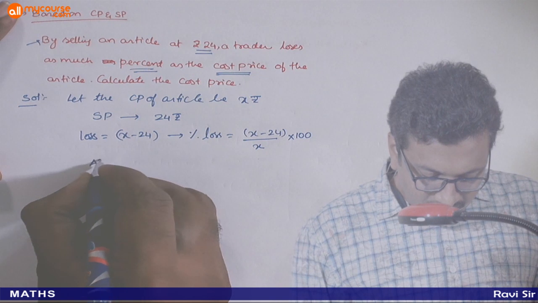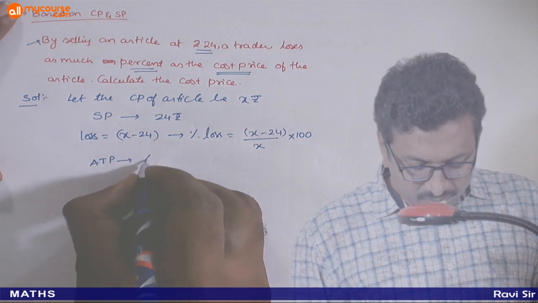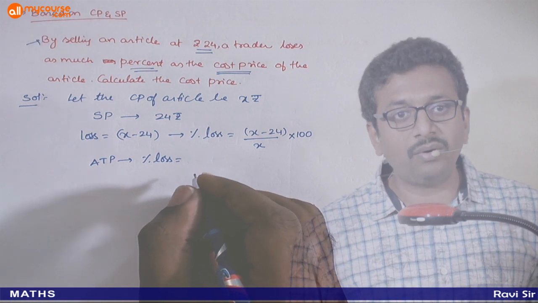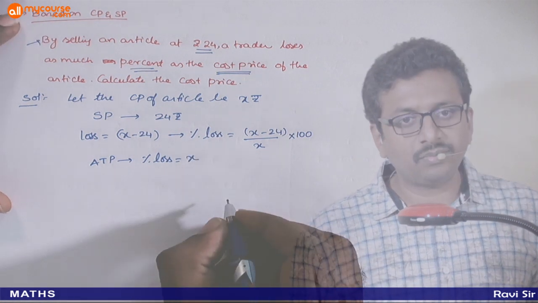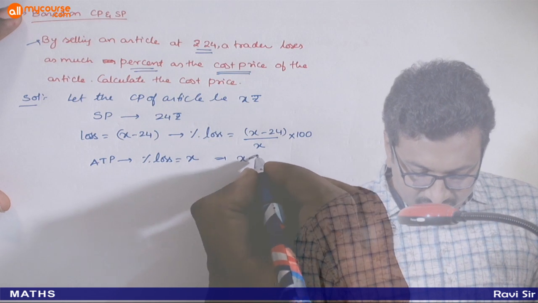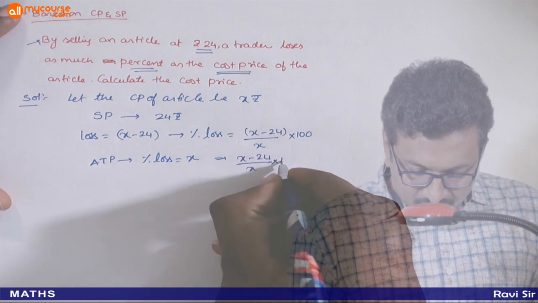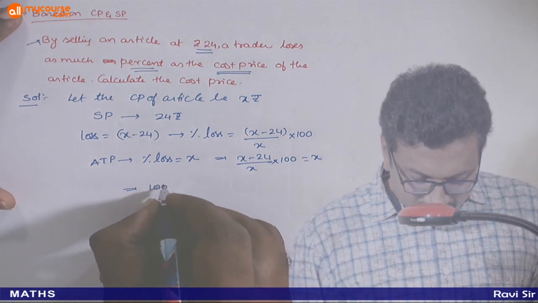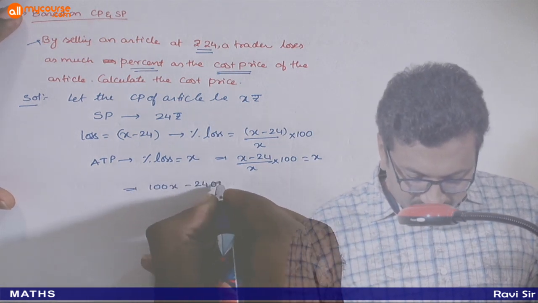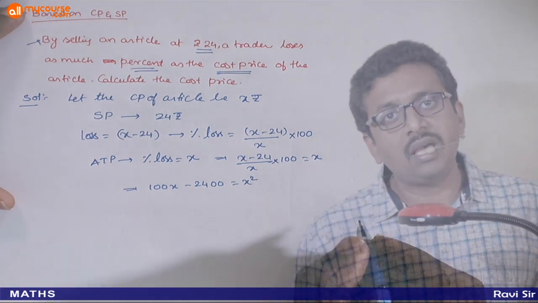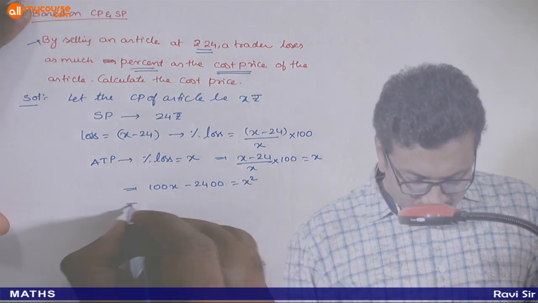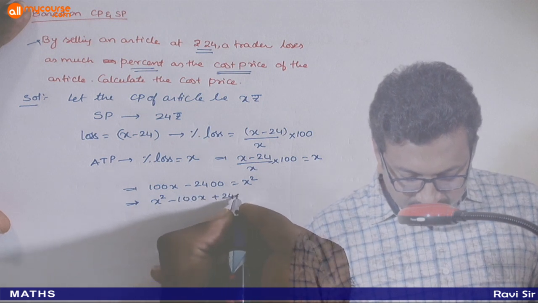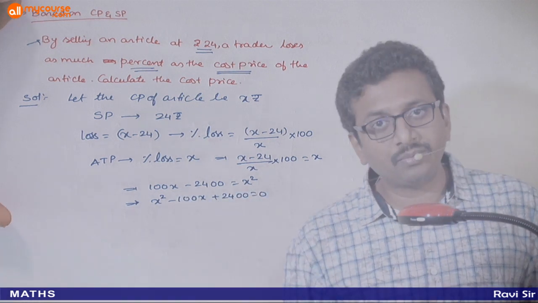And according to the problem, the percentage of loss is the same as the value of CP, that is X. This implies (X minus 24) by X into 100 is the same as X, which implies 100X minus 2400 is equal to X square, which implies X square minus 100X plus 2400 is equal to 0.